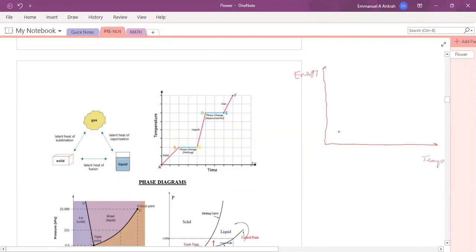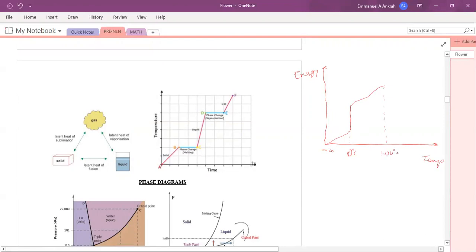Okay. So the same thing, let's say this is negative 20. You heat it up, energy goes in, then it stays at 0 degrees for some time. So you put in energy, it stays at the same 0 for some time. Then putting in more energy, the temperature can increase.